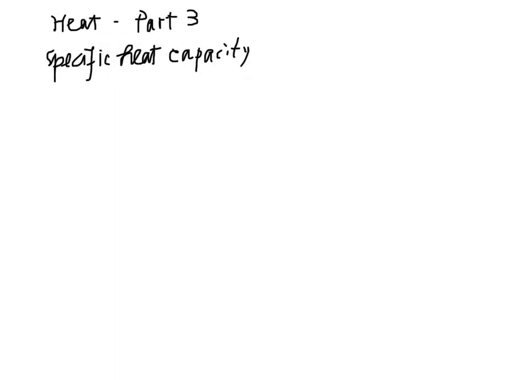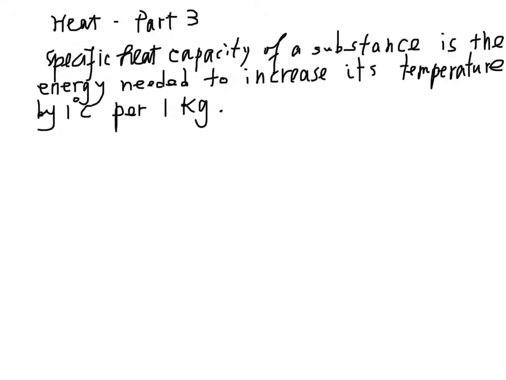Heat Part 3. In this section, we are going to learn specific heat capacity. By definition, specific heat capacity of a substance is the energy needed to increase its temperature by 1 degree Celsius per 1 kg of mass.